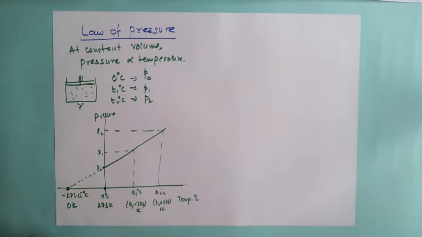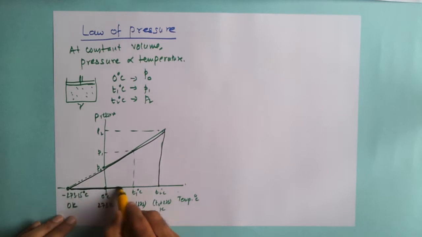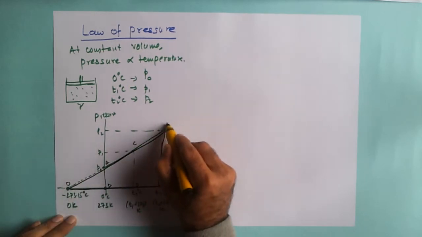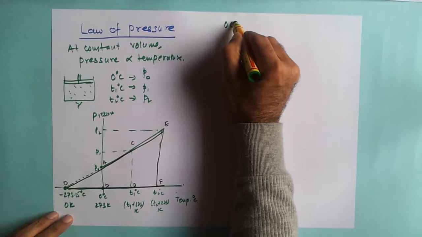Again, we will do the same thing. We'll identify the triangles that we are focusing our attention on. We call the points O, A, B, C, D, E, F. First we focus on triangle OCD.